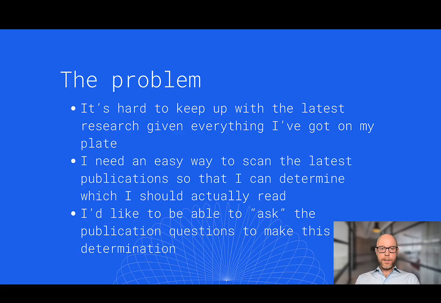I'm not a scientist, but I try to keep up, and it's very challenging given how many hours a day I spend doing all my other stuff. I imagine that's a problem for scientists as well.